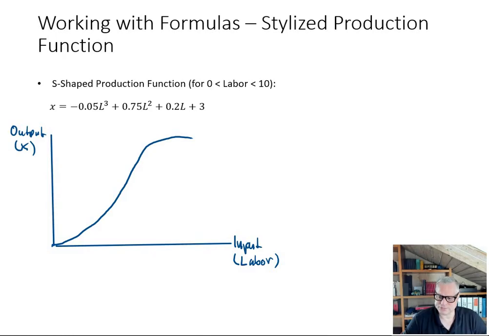Well, obviously, if somebody helps you, you can start specializing, and output will grow much faster than the labor input. And if you have maybe 2 people in the kitchen, you can specialize more, and if you have 3, it's even better. But then there will come a point when you start standing on each other's feet, and output grows at a lower and lower rate.